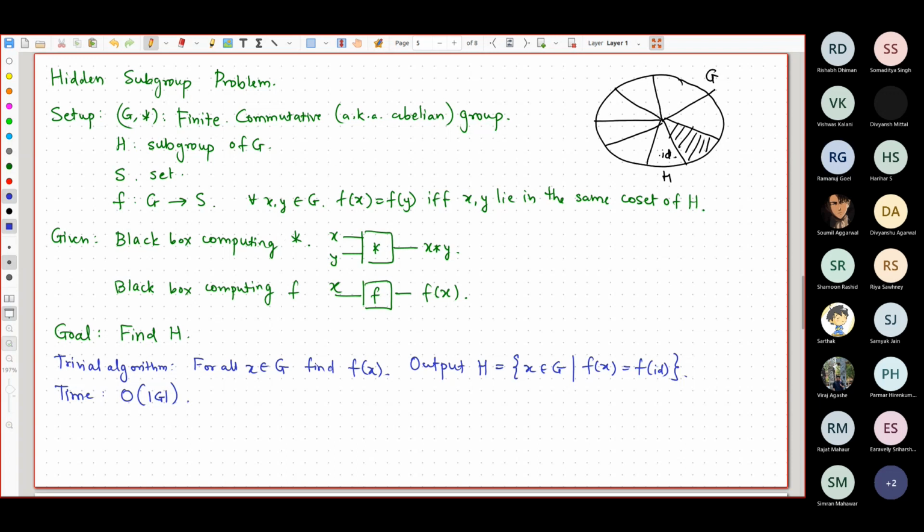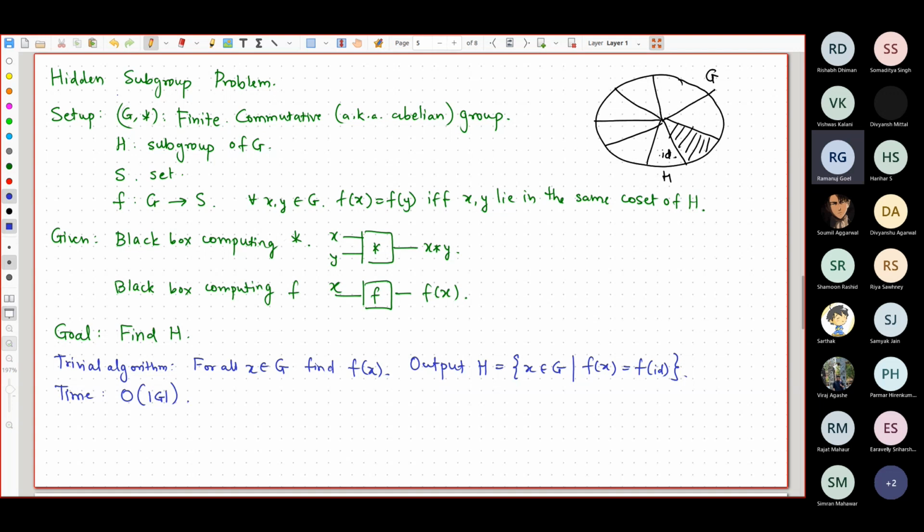Let's assume that the elements of G are encoded as bit strings of some fixed length, and the all-zero string is the ID of the group. Let's just make this assumption. Sir, I think you can also just find it because you have the star operation, you can find it by checking every element with some fixed y. That will take order G steps, right? Yes, it will take order G only. Sure.